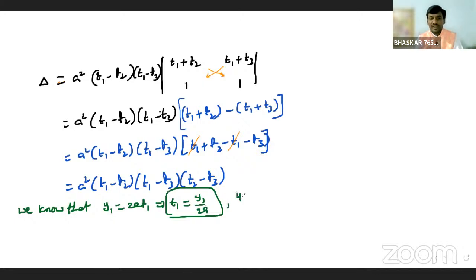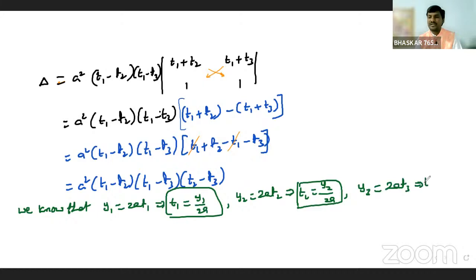And y2 is equal to 2a t2, which implies t2 is equal to y2 by 2a. In a similar way, y3 is equal to 2a t3, which implies t3 is equal to y3 divided by 2a.